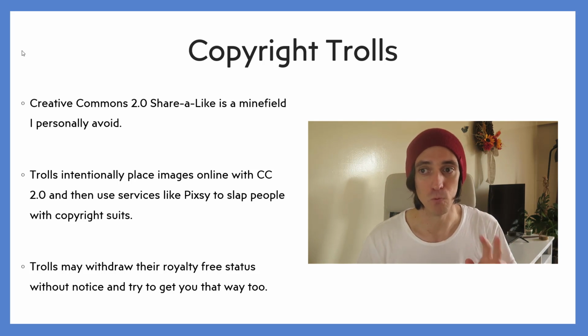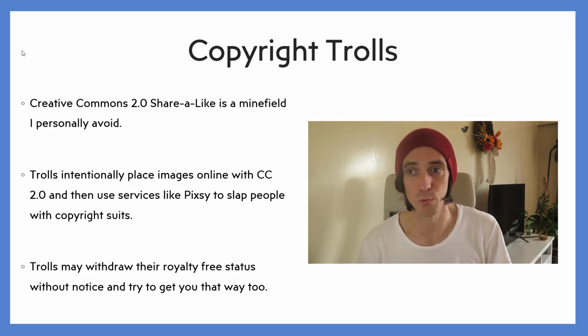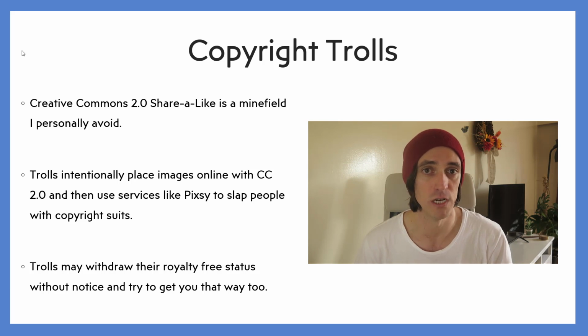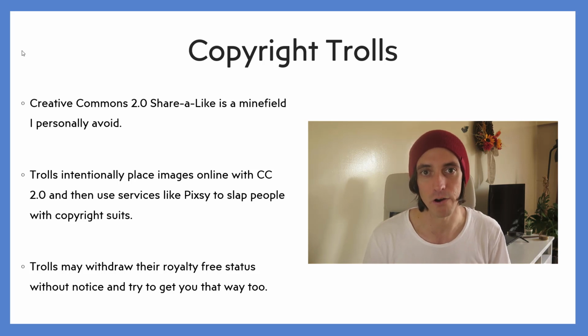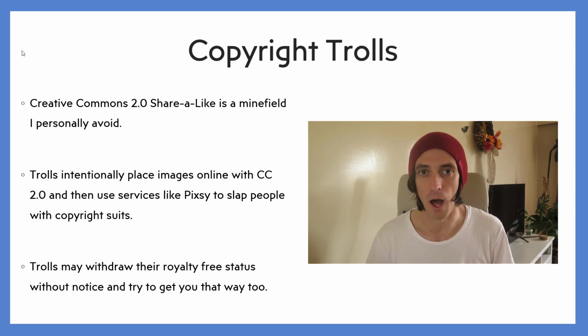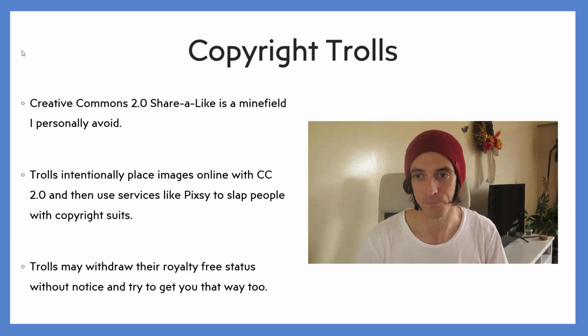People might say, oh, I've decided to withdraw the Creative Commons share alike attribution. Now you have to pay for it. And then even though they've changed the copyright, you're in this sort of gray area where you might get in trouble. You need a lawyer to protect you from that sort of stuff. I'm not interested. Thank you very much. I avoid Creative Commons share alike.